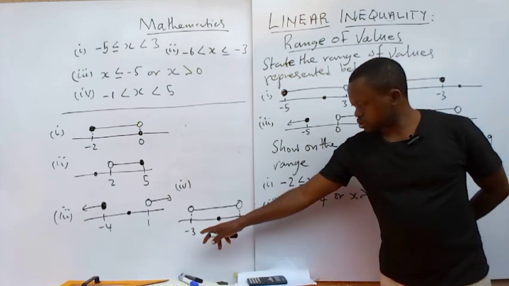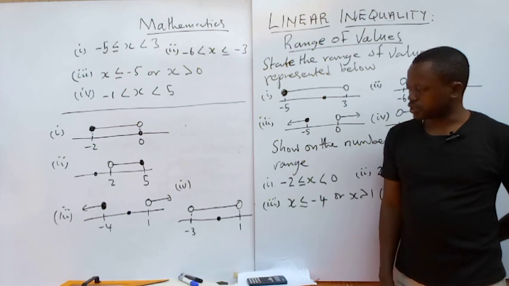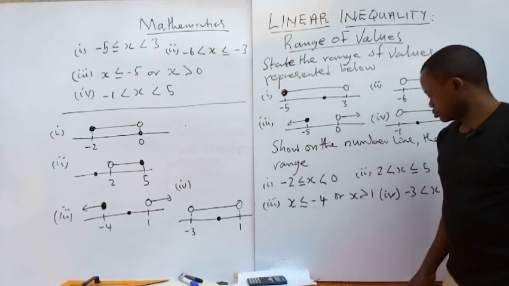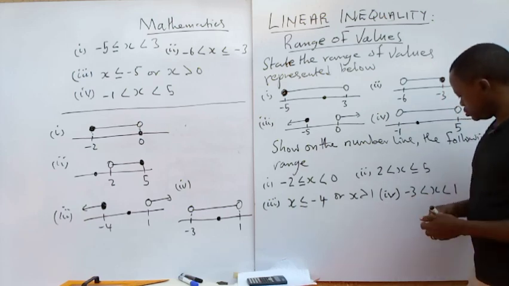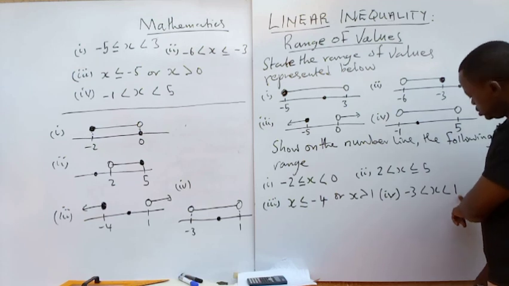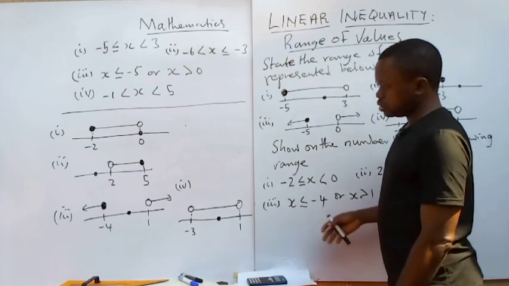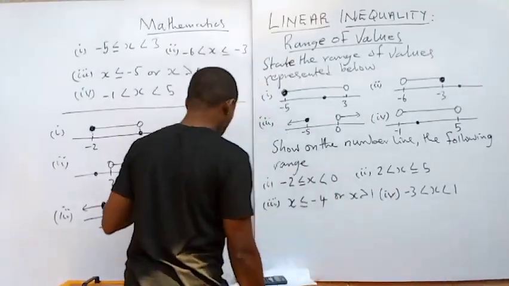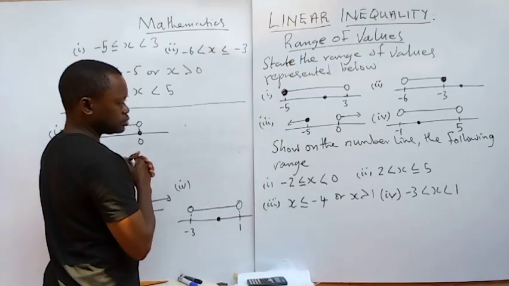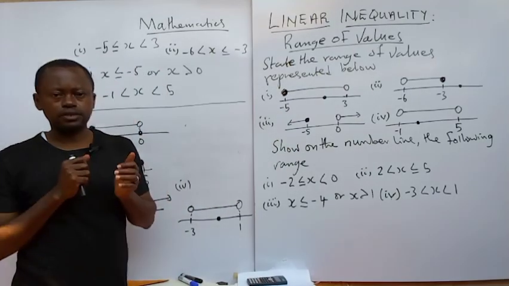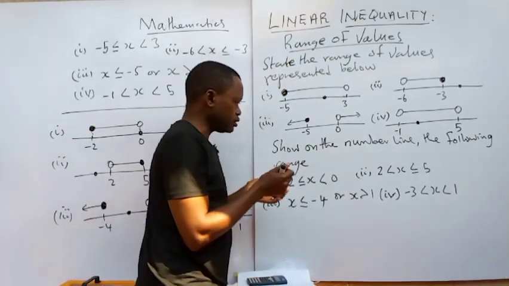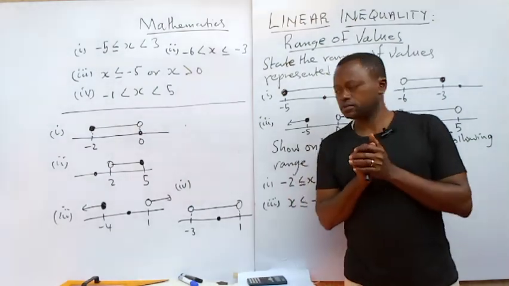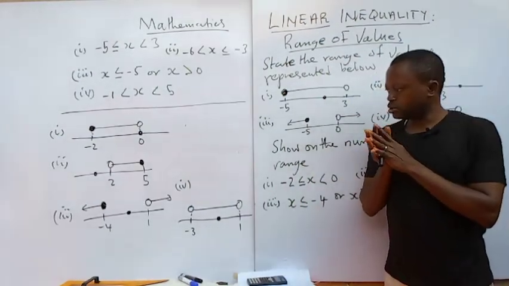It simply shows that -3 and 1 are not inclusive. This is how to interpret -3 less than x less than 1. I don't think there is any other thing left here in the explanations I gave. Check it out again and again for proper comprehension.